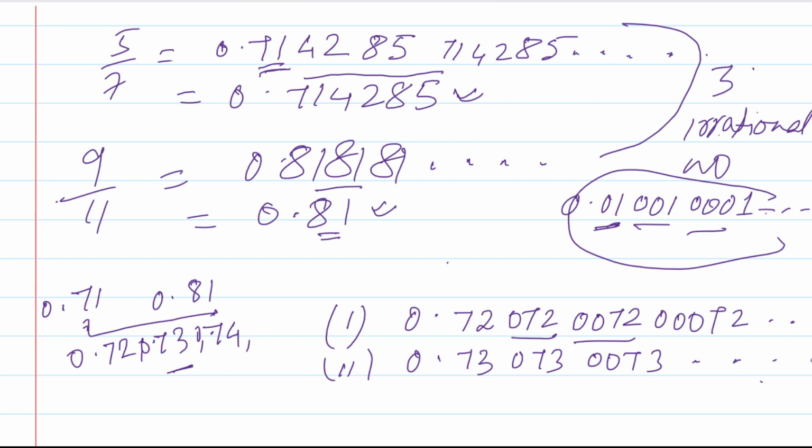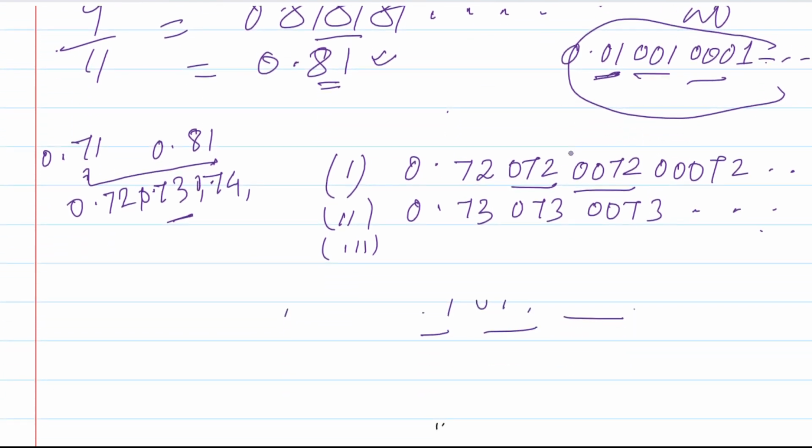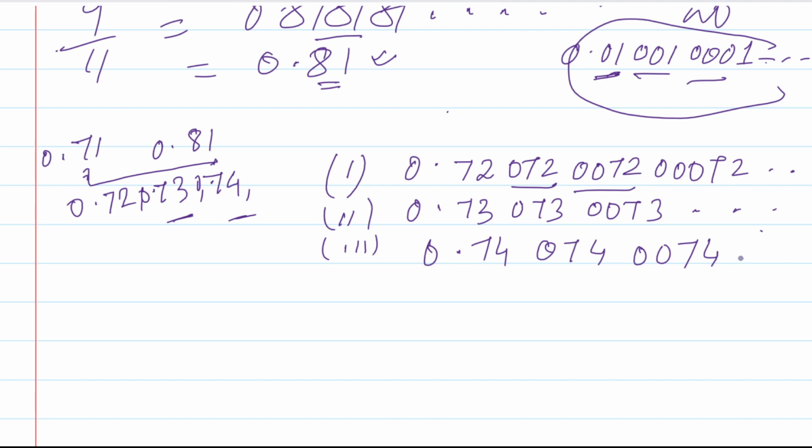So like this it will keep on going. The third one is 0.74, again 0.74, again 0.074. More you can take, 0.0074, but I'll not take. So these are the three irrational numbers lying between 5 by 7 and 9 by 11.